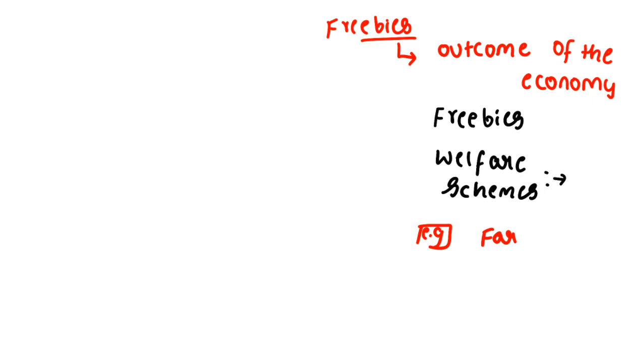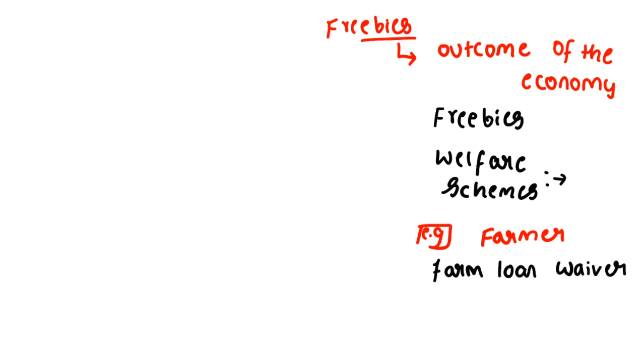A farmer, before elections, won't pay his dues to the bank, and the party, expecting this, will announce the scheme of farm loan waiver. Waiver means complete removal of dues on the farmers. The loss would be borne by the government that is going to be elected. Clear? So this is a freebie.